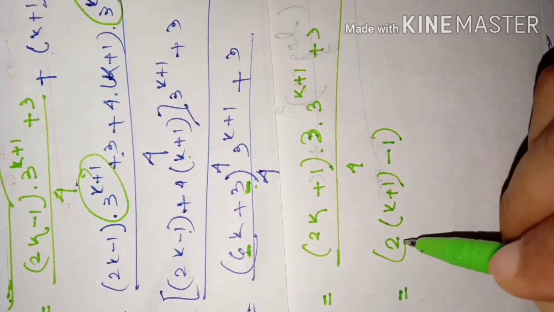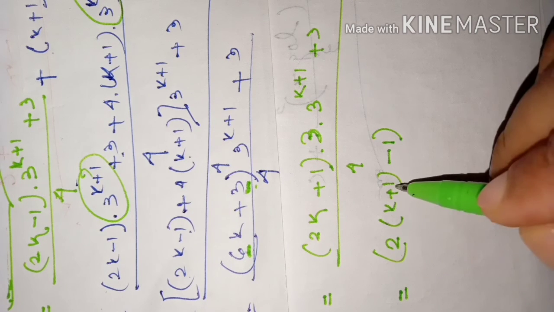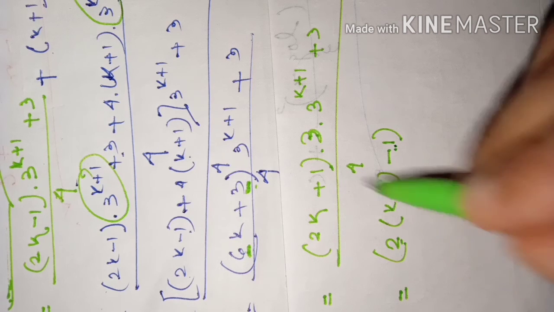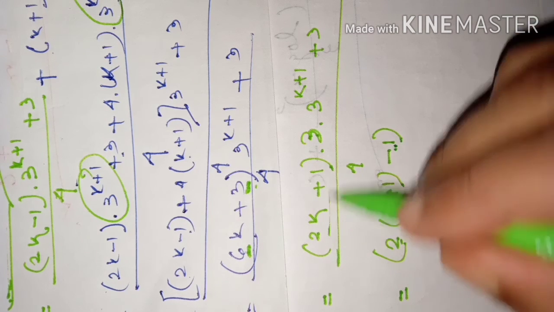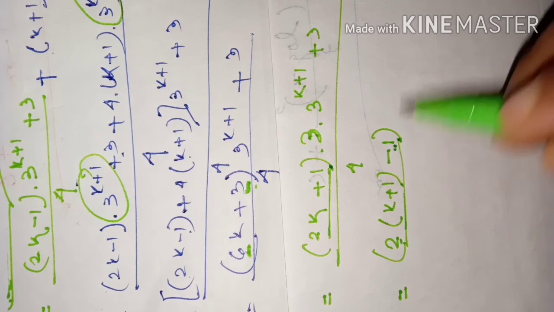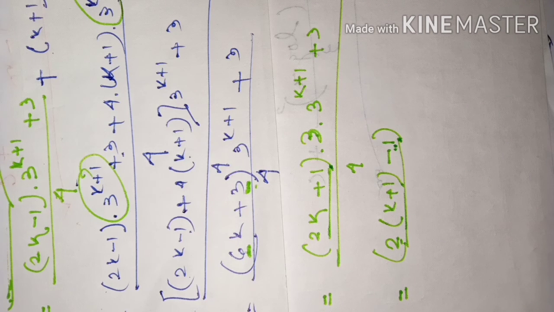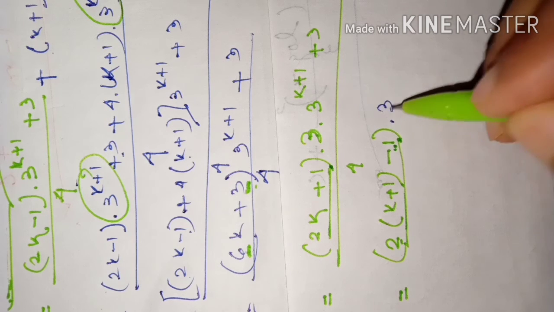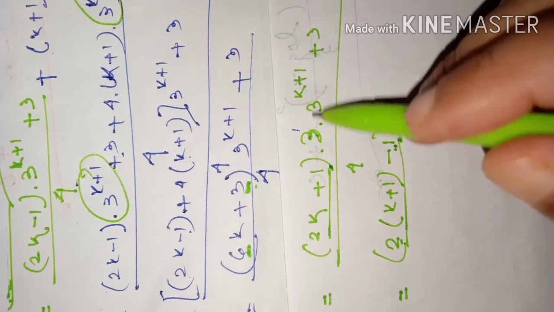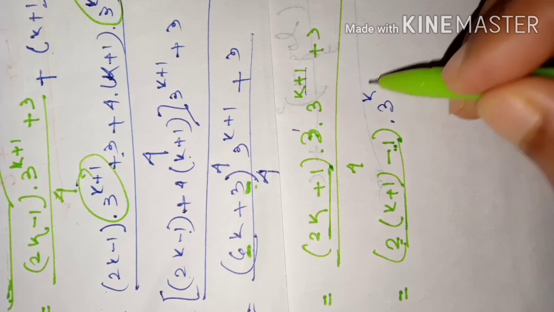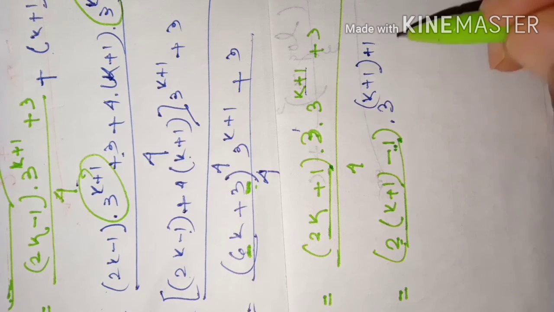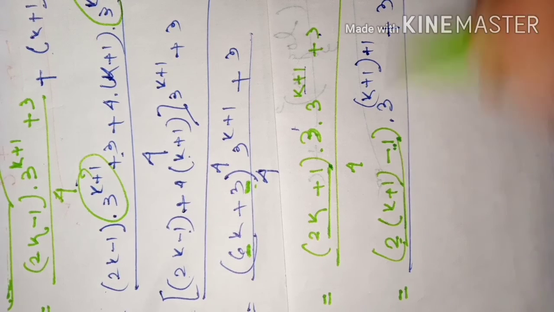Just think, 2 into k, 2 into 1, 2 minus 1 is plus 1. If you simplify this whole thing, you will get again 2k plus 1 only. This can be written like this. Then into 3 into 3 to the power of k plus 1: its power is 1 and here it is k plus 1, so it will be k plus 1 plus 1. We add this power with this power, then plus this 3 divided by this 4.